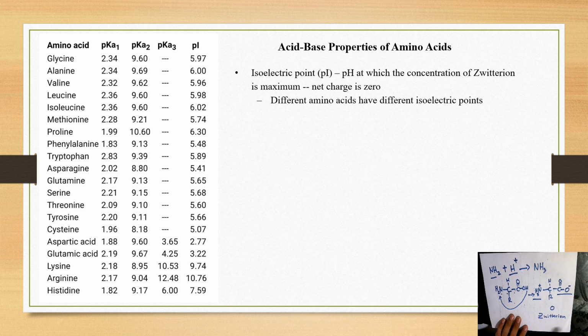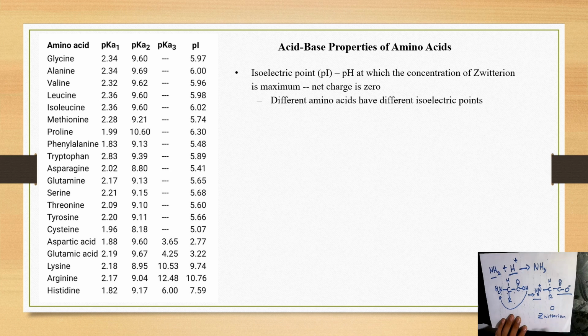When does an amino acid attain a zwitterion form? It says here, the amino acid is in zwitterion form if it is at its isoelectric point. An isoelectric point is a pH at which the concentration of zwitterion is at maximum.